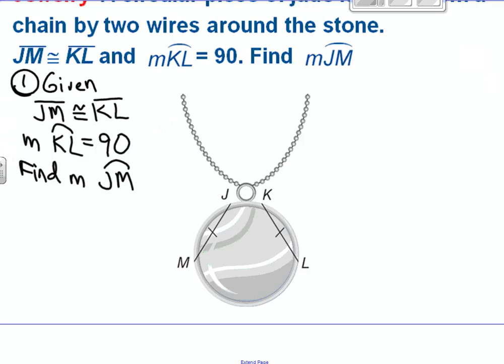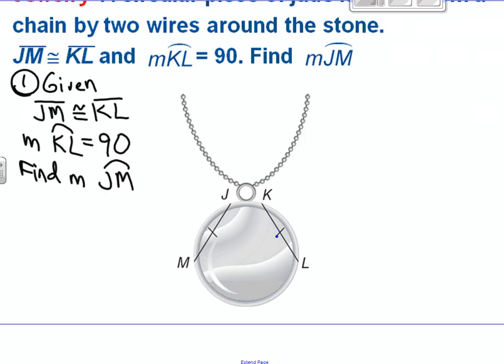This should be a pretty straightforward problem. The first thing I'm going to do is mark right on my picture that segment JM is congruent to segment KL. It's already marked actually on our picture. Then I'm going to notice that arc KL and arc JM are those matching arcs.